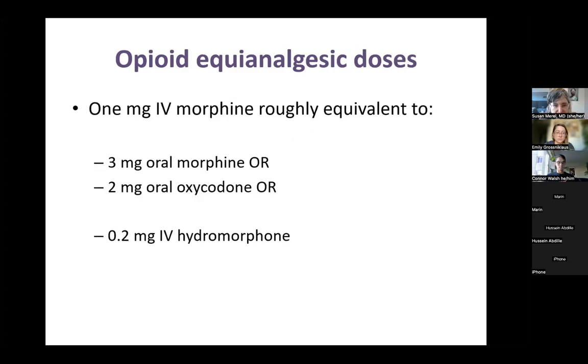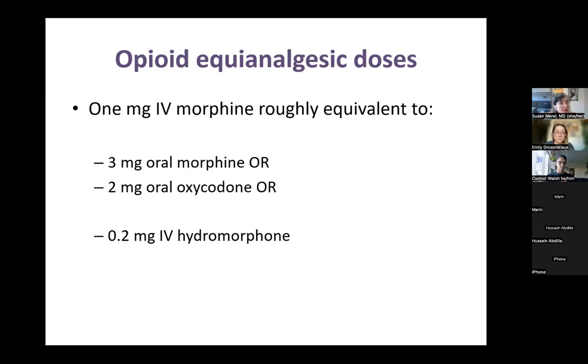The second thing that you might consider writing in your phone or your little book or putting in your head is that a milligram of IV morphine is roughly equivalent to 3 milligrams of oral morphine, or 2 milligrams of oral oxycodone, or 0.2 milligrams of IV hydromorphone. And again, don't do the math in your head, right?